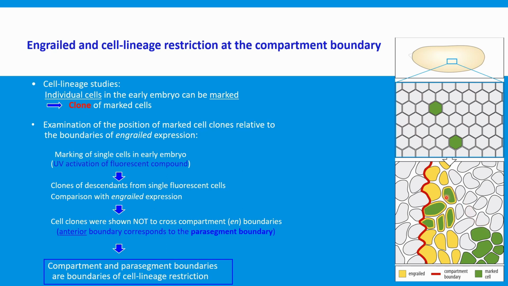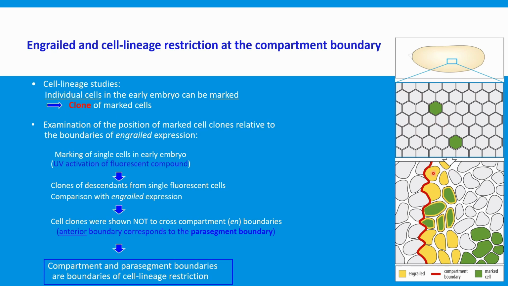And they could see that the engrailed expression, as it came on later, all the cells descending from this clone stayed engrailed and did not mix with this neighboring compartment or cross over this anterior border of the parasegment into the next cells. But if they mutated engrailed and performed the same marking experiment, then this cell, for example, would grow a clone, so every cell that derives from this is marked with GFP as well.